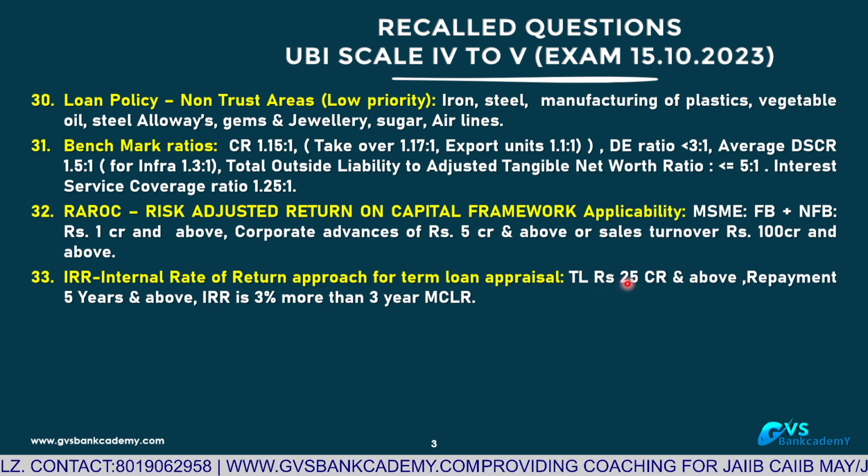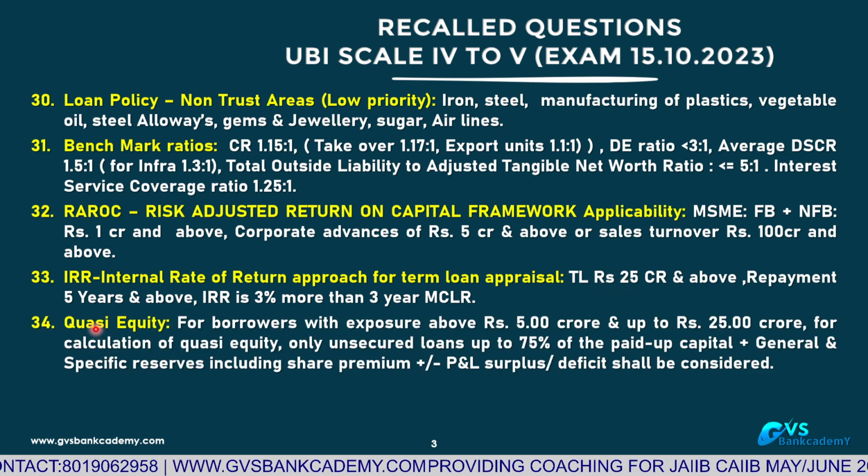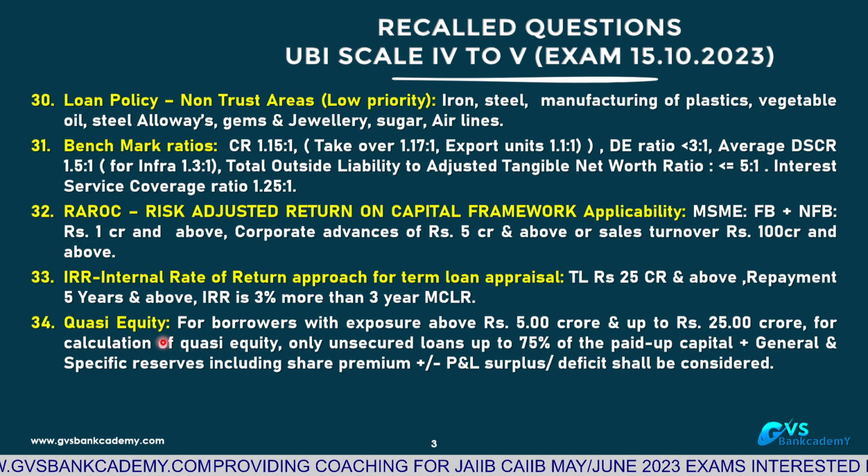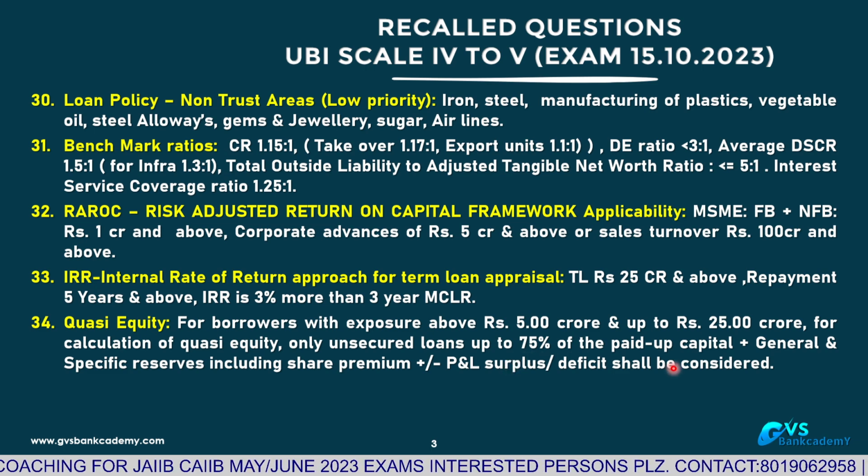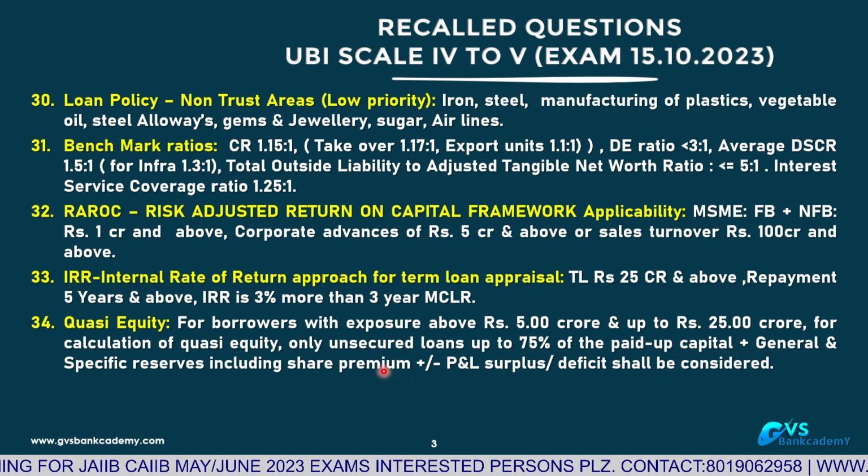This is also in our bank: quasi equity and loans from friends, relatives, unsecured loans. How can we treat them at the time of borrowing? For borrowers with exposure above 5 crores and up to 25 crores, for calculation of quasi equity, meaning the part taken as net worth, only unsecured loans from friends and relatives up to 75% of their own paid up capital, general reserves, share premium and P&L surplus, that is, net worth, can be taken as quasi equity.